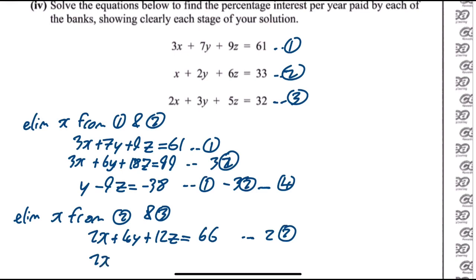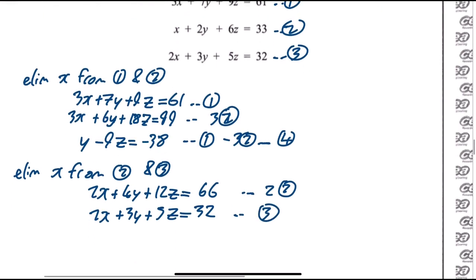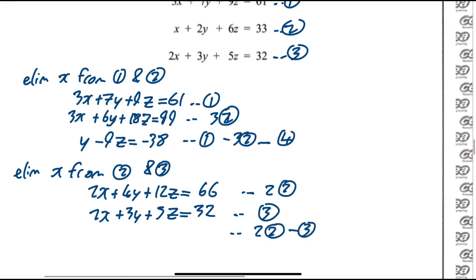And then underneath that, 2x plus 3y plus 5z is equal to 32. That was my equation 3. And again, if you subtract, 2 times my equation 2 minus my equation 3, I'm going to get y plus 7z is equal to 34. And that's also going to be my equation 5.